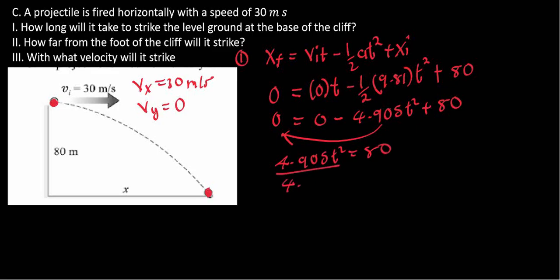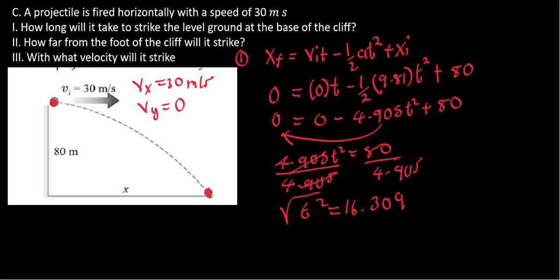Then you divide there. So t squared is what? When you divide, what answer are you going to get? You shall get 16.309.